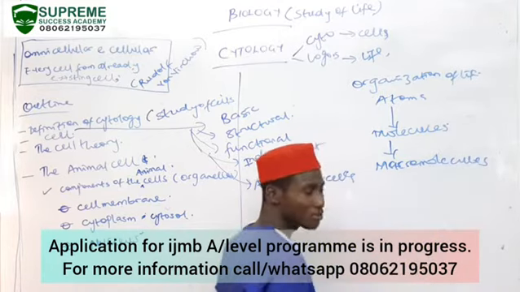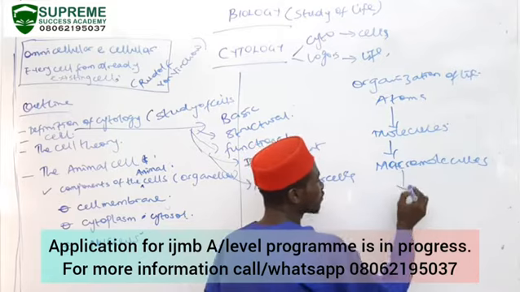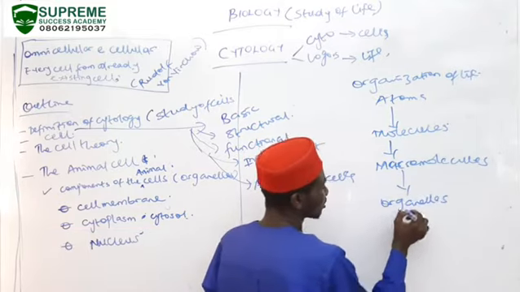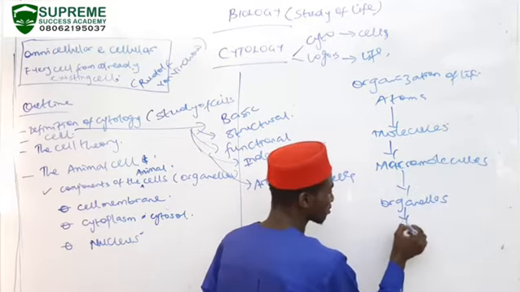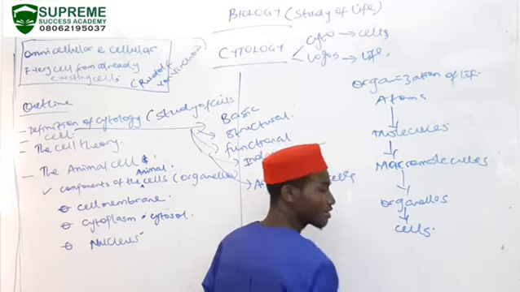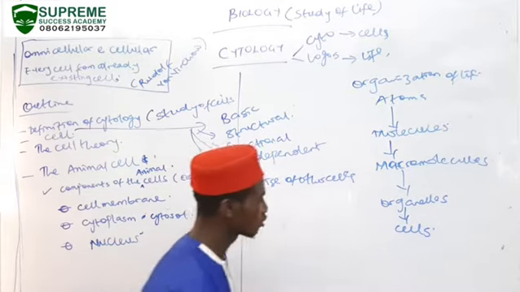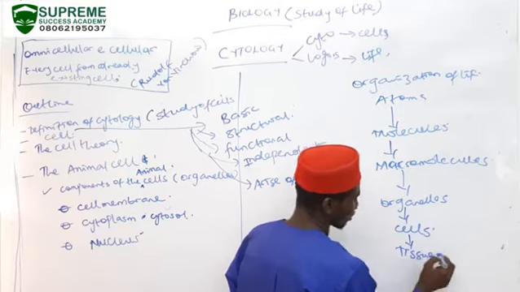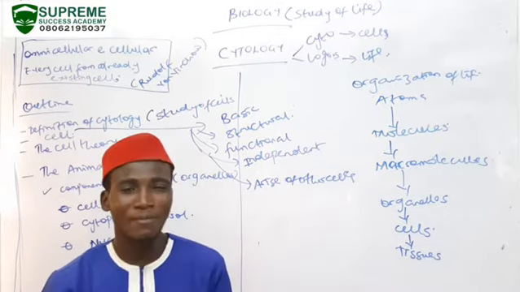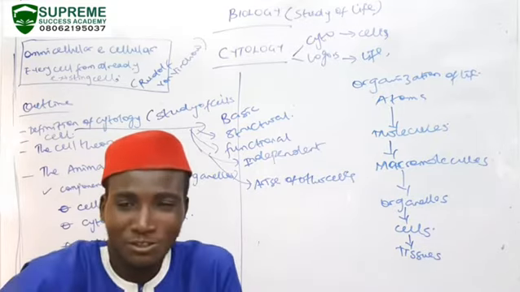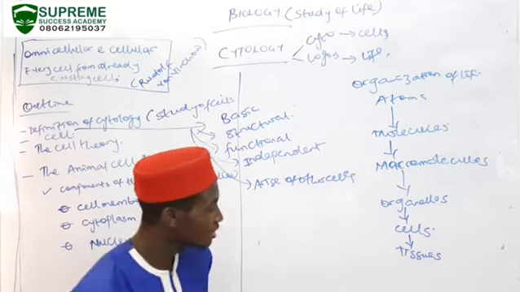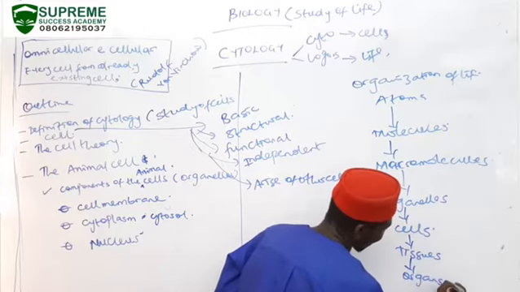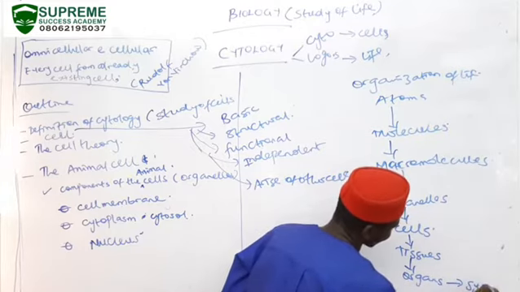Then macromolecules unite to give us organelles, and a collection of organelles gives us cells. A group of cells performing the same function gives us tissues. A collection of tissues performing the same function gives us organs, and organs combine to give us systems.